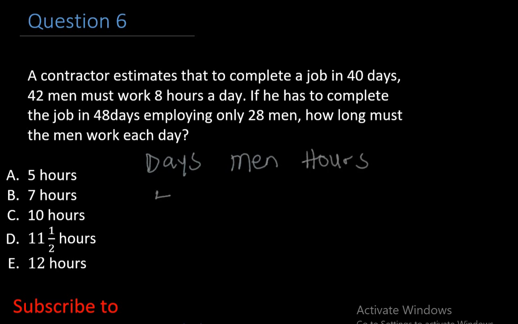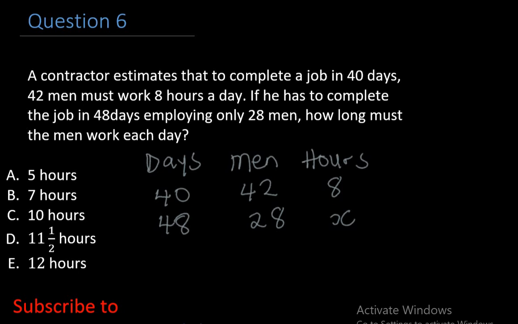So 40 days goes with 42 men and 8 hours, isn't it? Good. Now, if you have to complete the job in 48 days, 48 days, 28 men, right? How long is what we do not know.